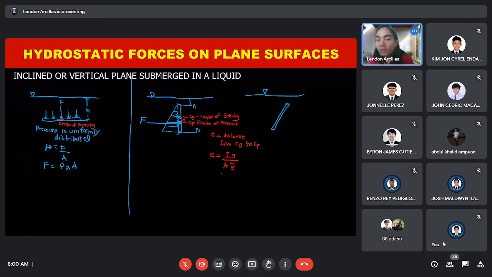Okay, naulitin ko. E is eccentricity, which means yung distance from the center of pressure sa center of gravity. Kasi hinahanap natin kasi yung hydrostatic force and its location. And yung location niya is always on the center of pressure.